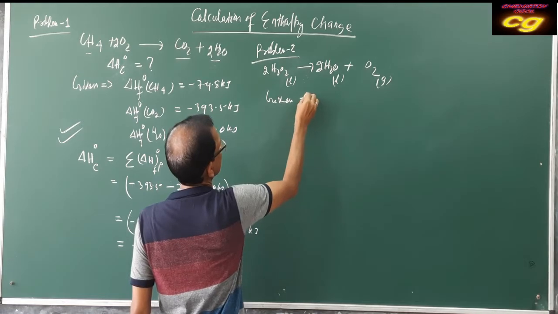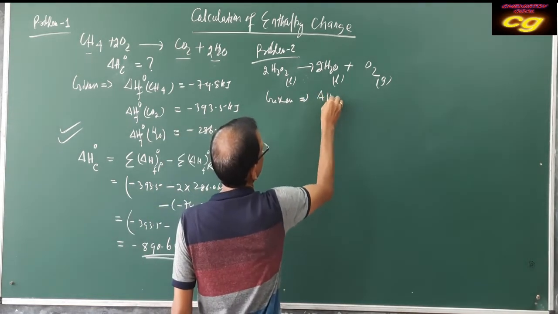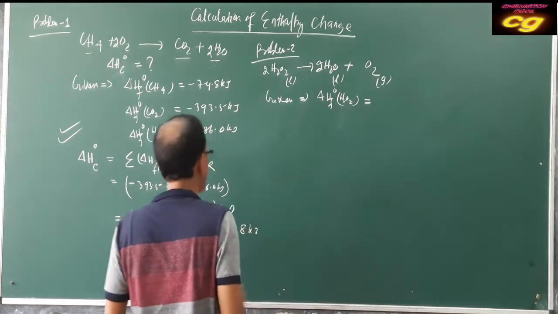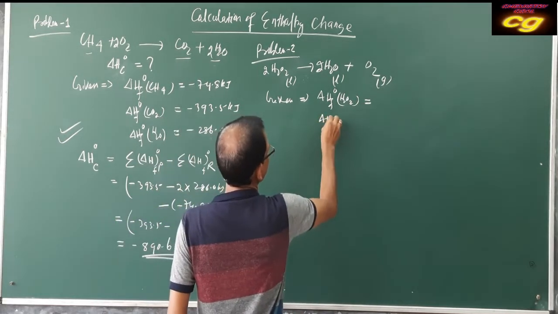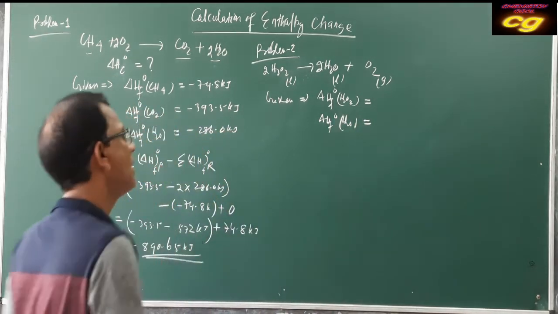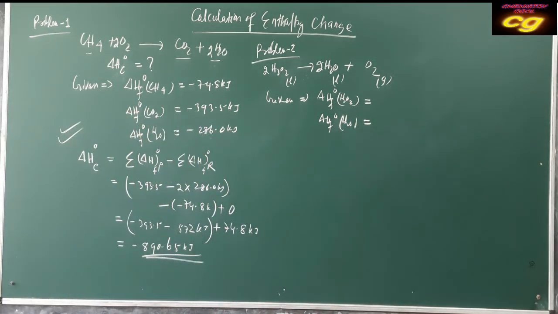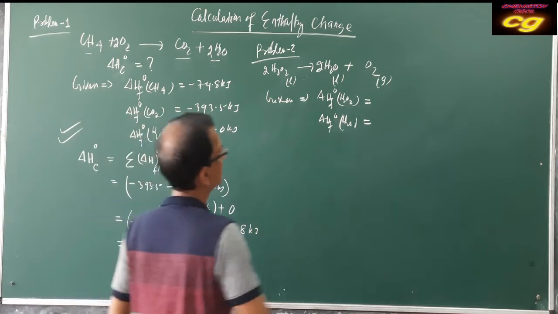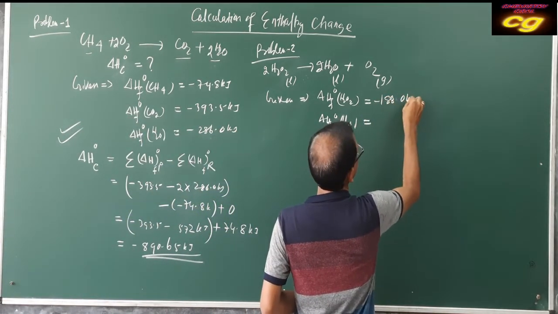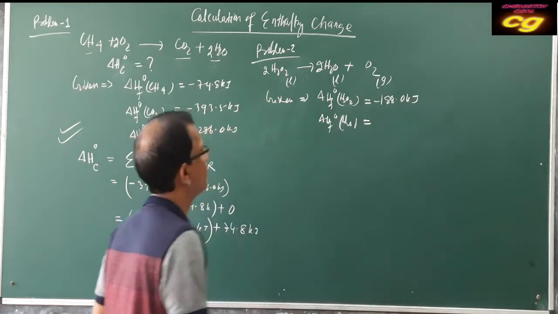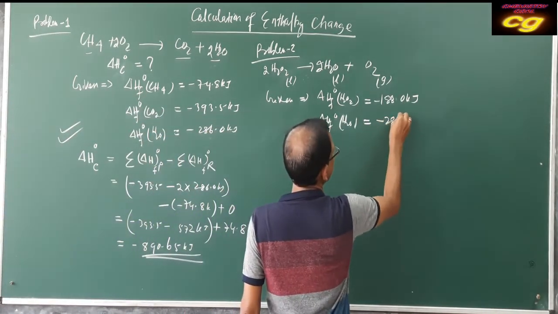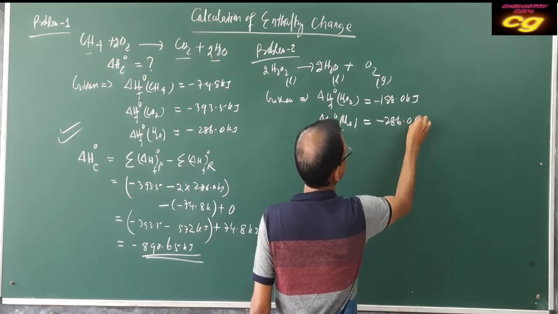The given data is important. The enthalpy of formation of H2O2 is given, and the enthalpy of formation of water is also given. For H2O2 it is minus 188.0 kilojoule, and for water it is minus 286 kilojoule.